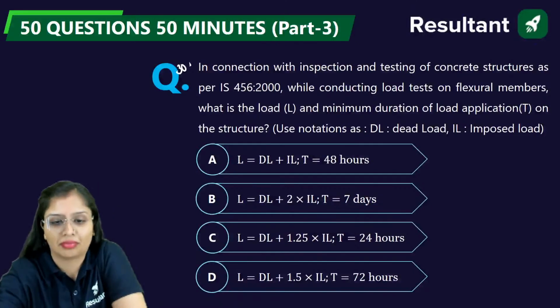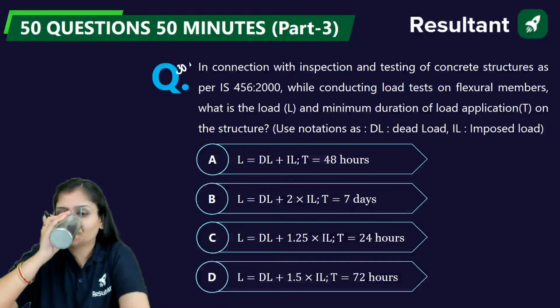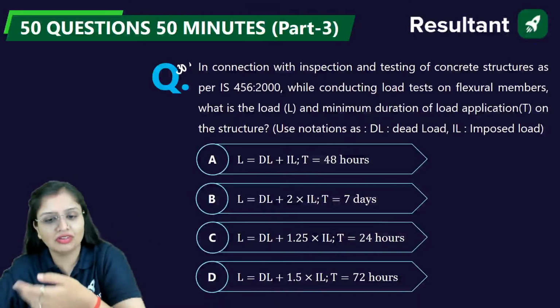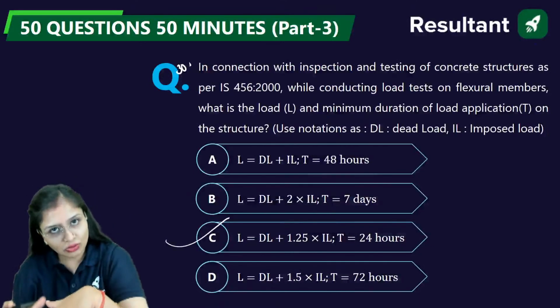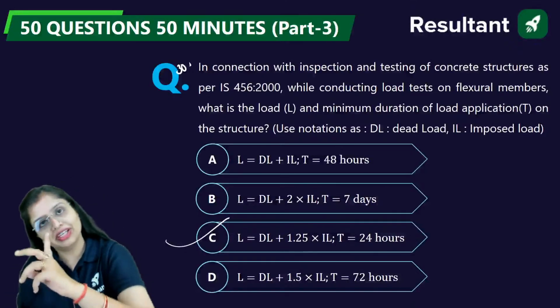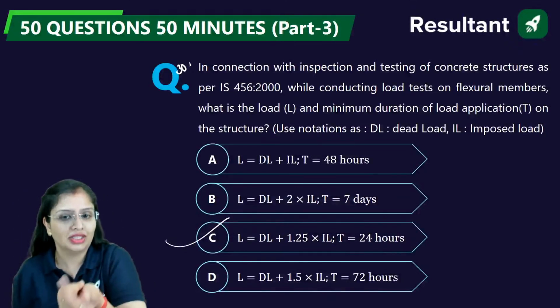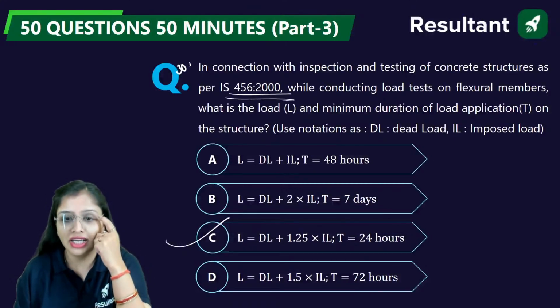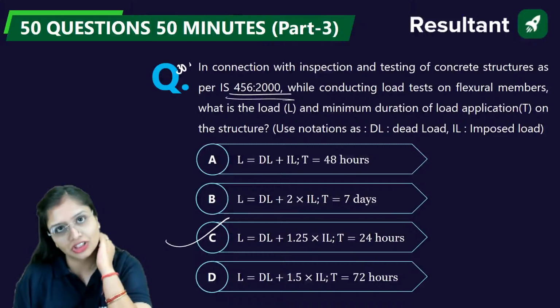If you know that we do it for 24 hours, you don't need to do anything else. Dead load plus whatever is the imposed load, we take 1.25 times. This is mentioned as per IS 456:2000 while testing flexural members.